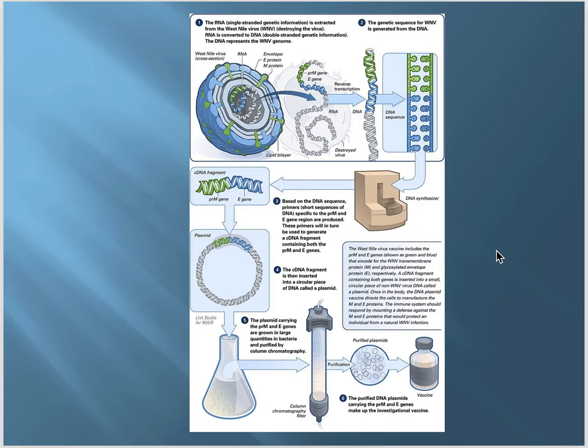This figure depicts that strategy. The West Nile virus is an RNA virus, so it's not a DNA virus anyway. So first you have to locate the RNA that encodes the desired antigen. Then we can convert the RNA into DNA. You know PCR, but in this case we have to use reverse transcriptase, so using reverse transcriptase we can convert RNA into DNA.